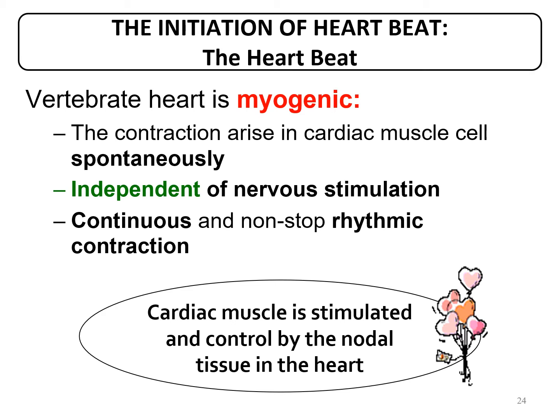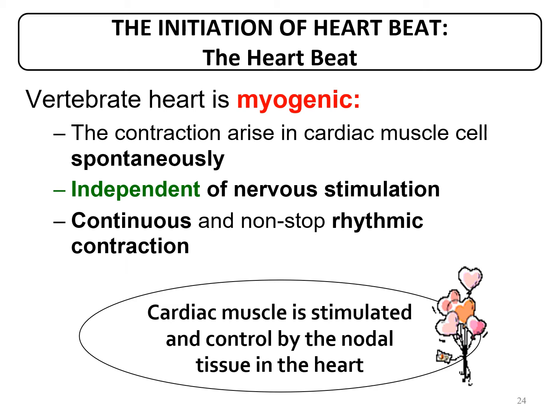The vertebrate heart is myogenic, meaning that the contraction is spontaneous and independent of nervous stimulation, meaning that the heart can start beating on its own. It does not depend on the nervous system, on the brain.